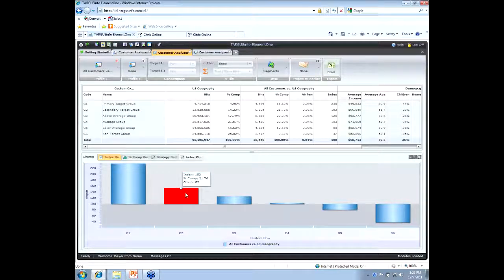The second group is really a secondary target. They're over-indexing for buying this product or service, but not nearly as much as the primary target. And then you move on down the line.